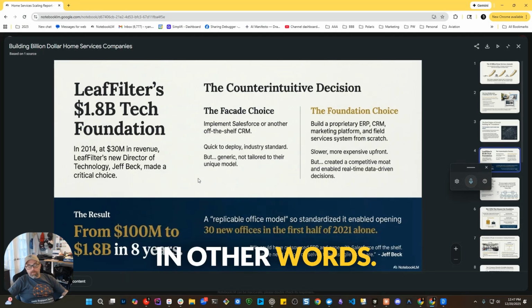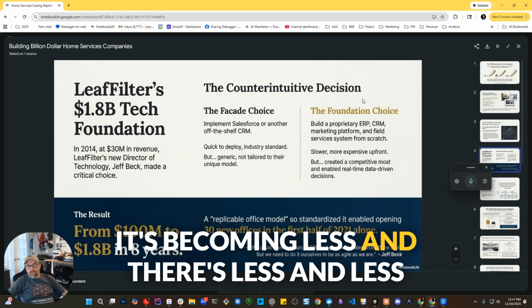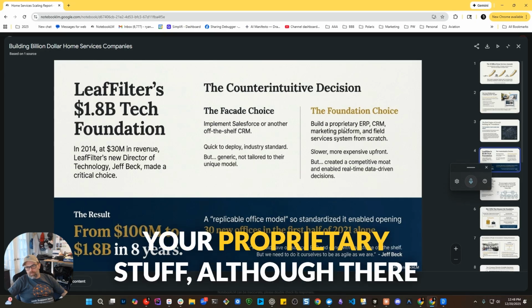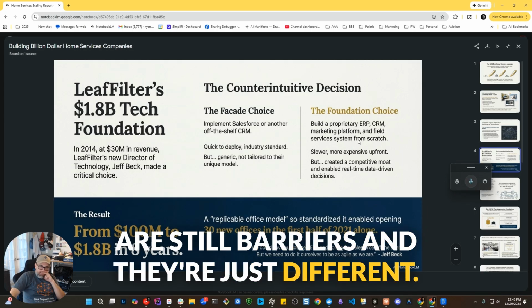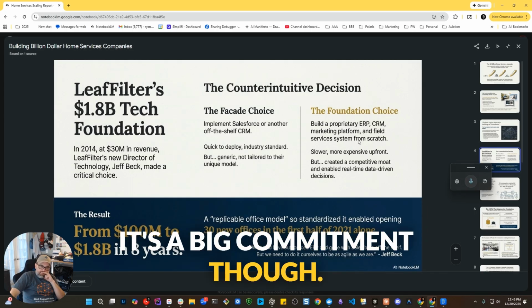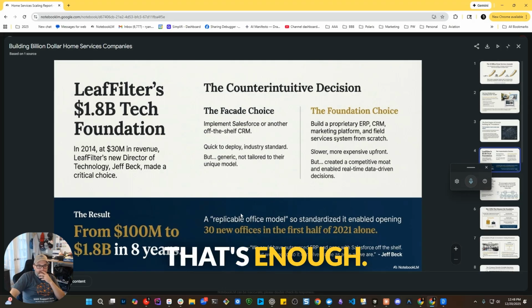In other words, there's less and less of a barrier for this foundation or for your proprietary stuff, although there are still barriers and they're just different. It's a big commitment though. Okay, that's enough.